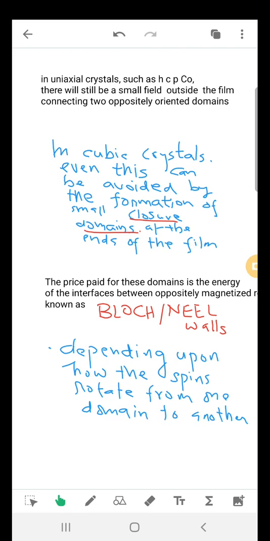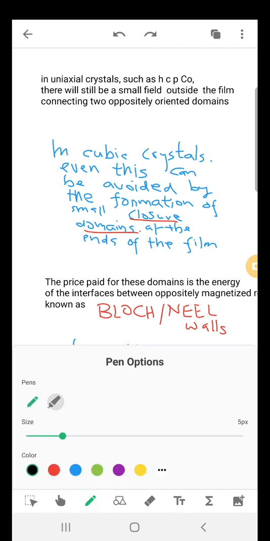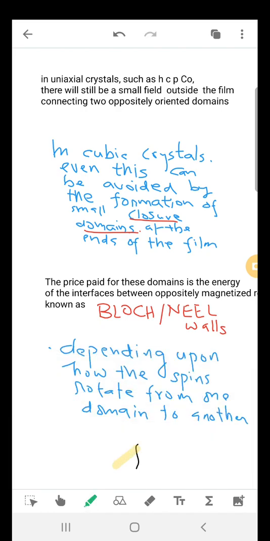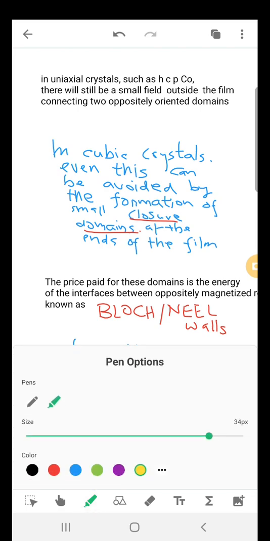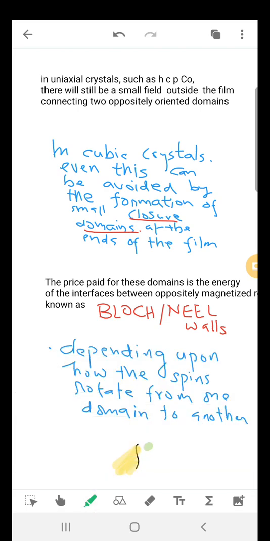the other. So, if there are two domains, this is domain 1, and this is domain 2.